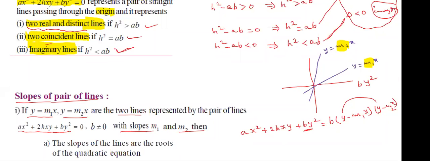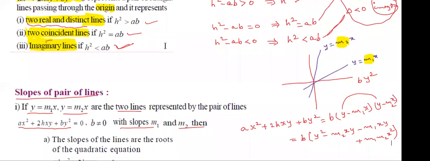Okay students, now multiply the right hand side terms by b: y square minus m2 xy minus m1 xy plus m1 m2 x square.